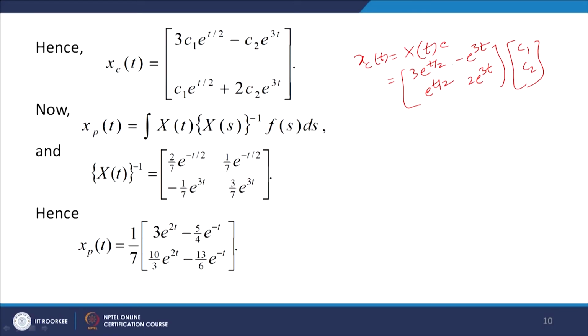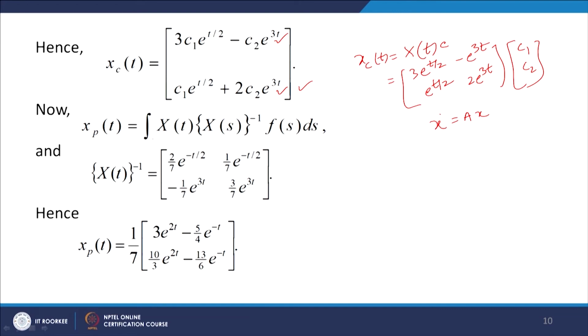When you multiply this column vector to this 2 by 2 matrix, you get 3c1 e^{t/2} - c2 e^{3t} as the first element, and the second element is c1 e^{t/2} + 2c2 e^{3t}. So, we get this general solution of the vector equation x dot = Ax.